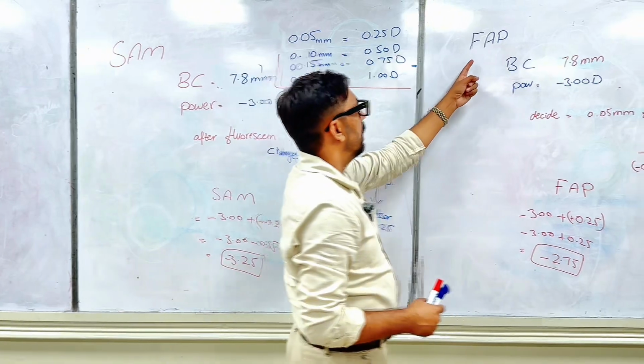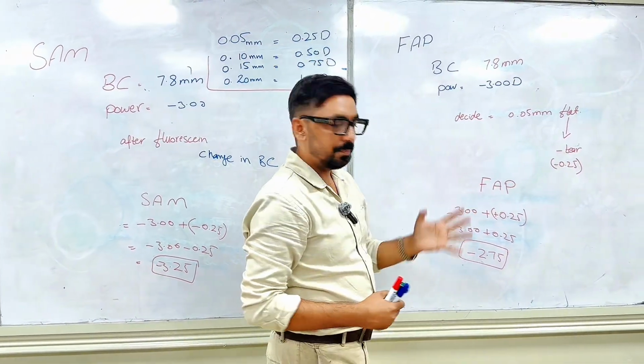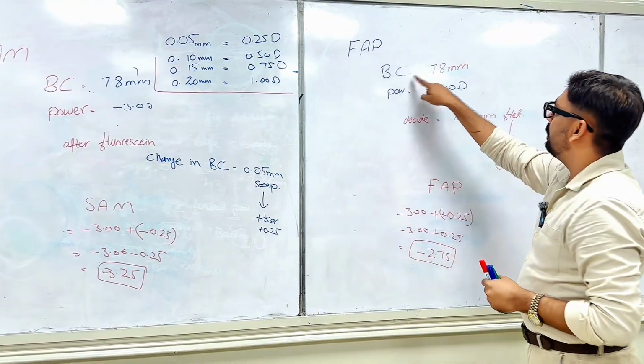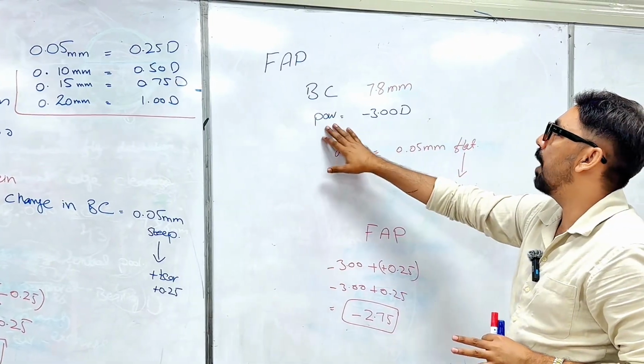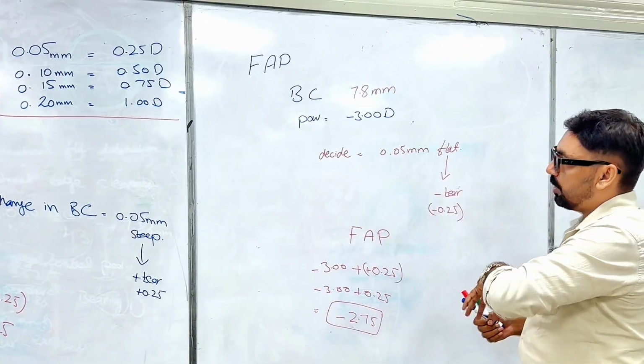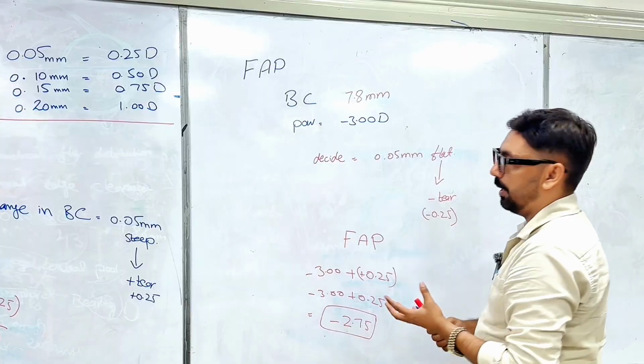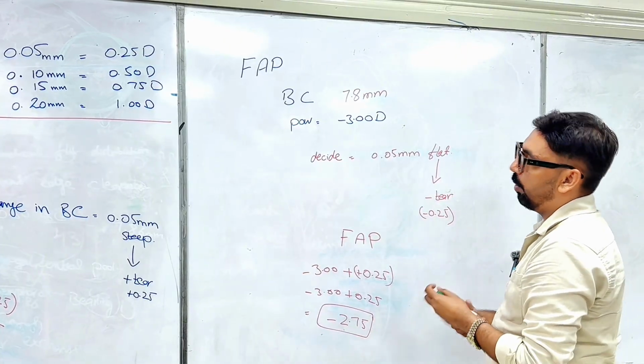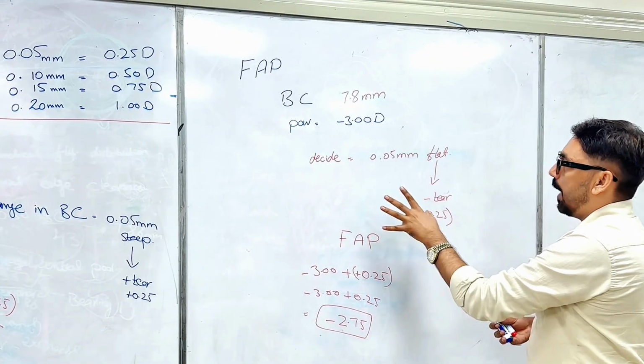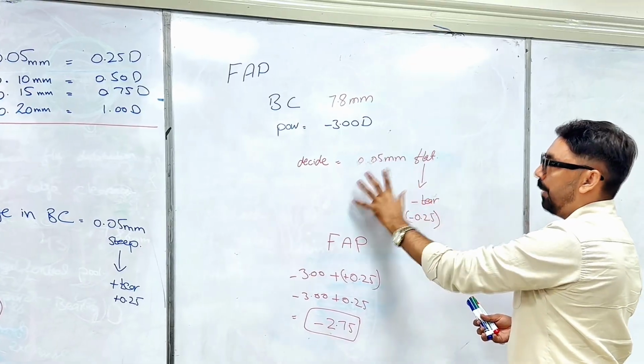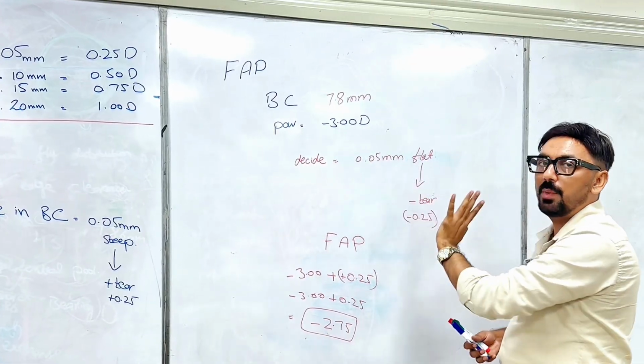And now the same example with the FAP rule. Remember, the base curve is 7.8 millimeters, and the power is -3. After the fluorescein observations, you decide you have to flatten your base curve, and how much? 0.05 millimeters.